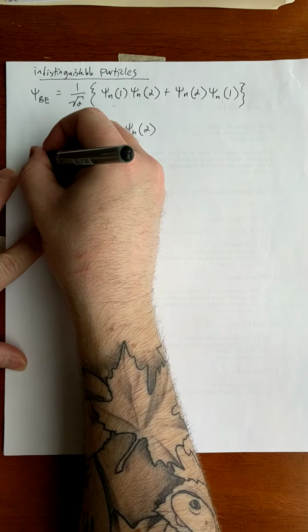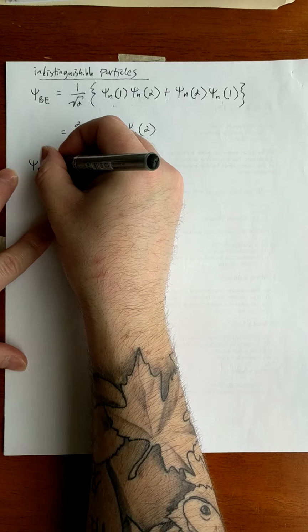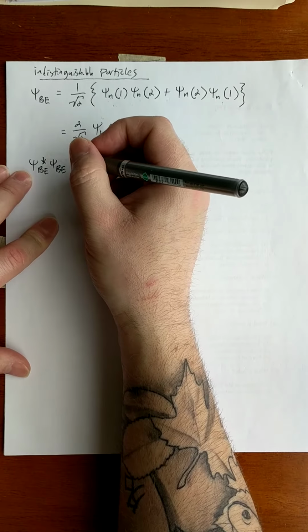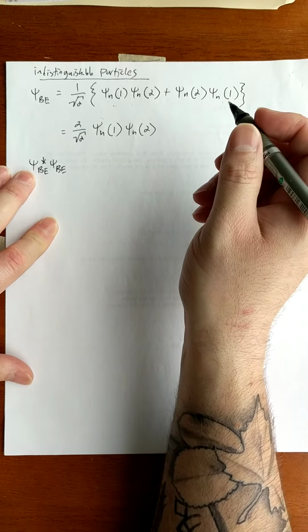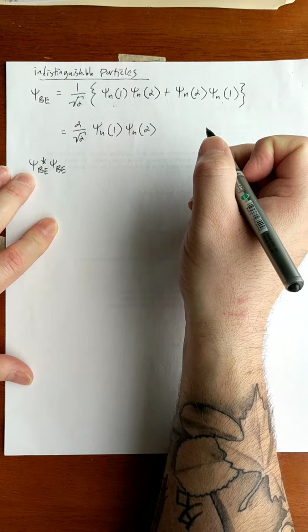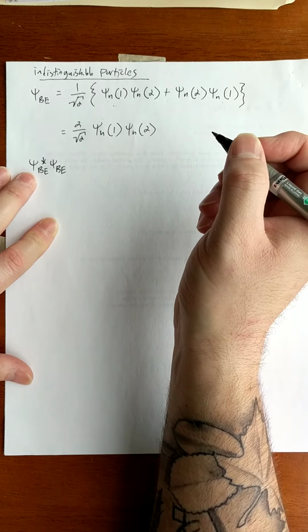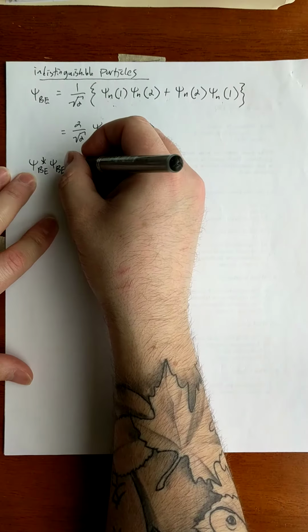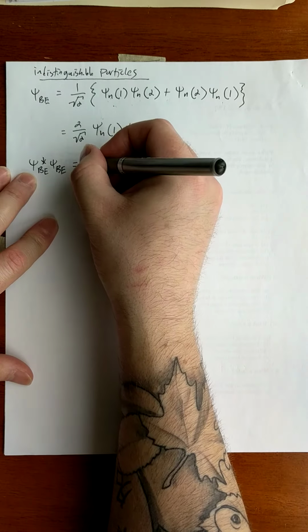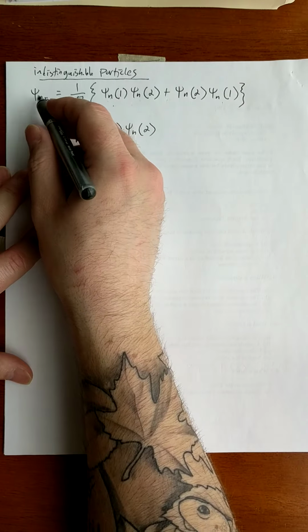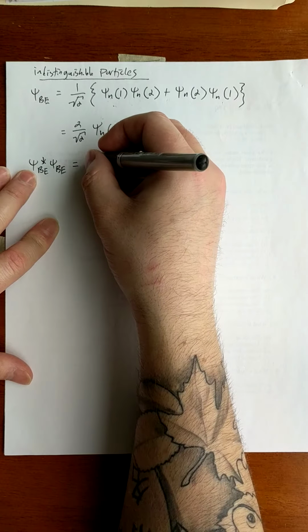Now if we want to look at the probability that both of these bosons are in the same state, in the same place, we have to take this guy starred with itself.